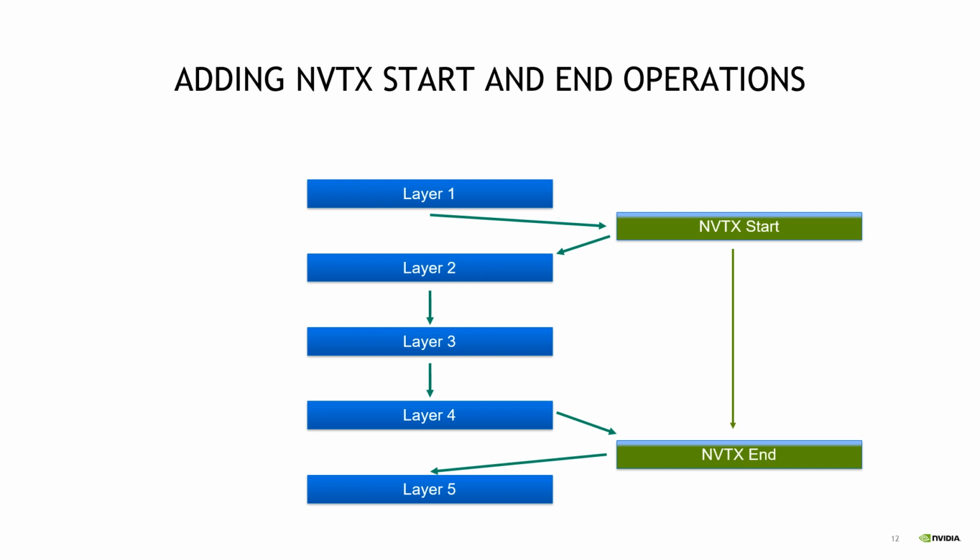This can be a training loop, for instance. You can use NVTX to identify regions, with a model start and end. You can identify the region and tell the profiler, please highlight this region while doing the profiling, and plot where this region starts and where it ends.